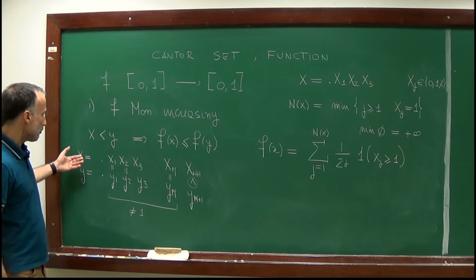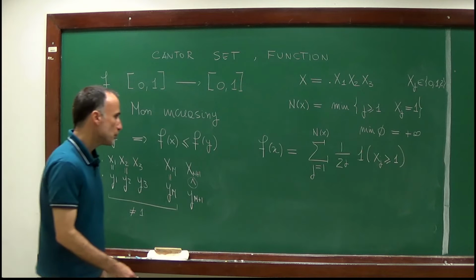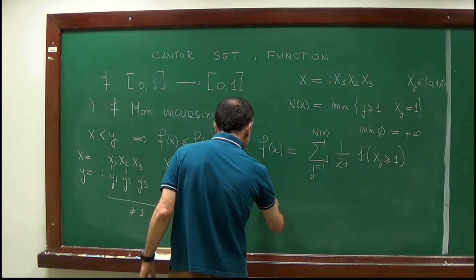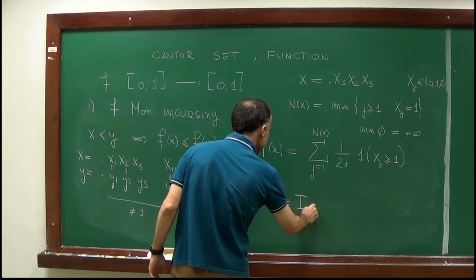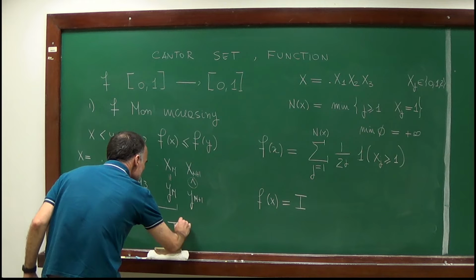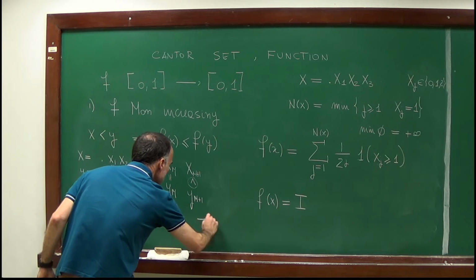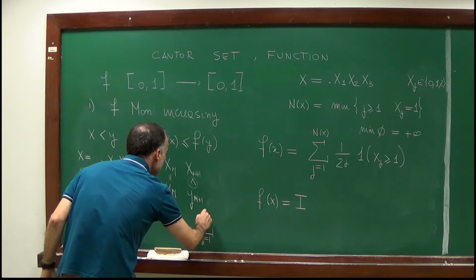In this case, f of x is given by the contribution of the first m terms, which I will call I. Maybe I write it just to make sure that you're following. So I will be the sum from 1 up to m.